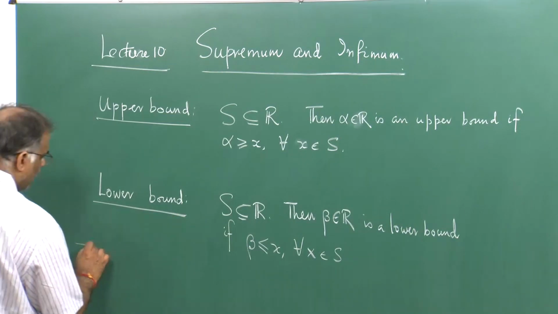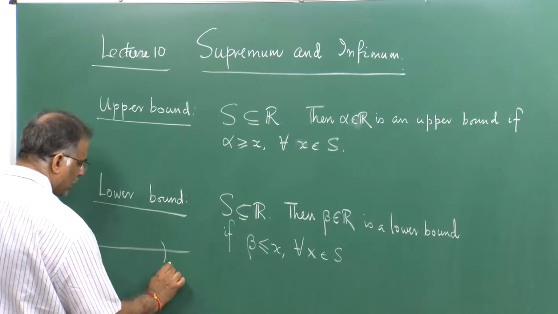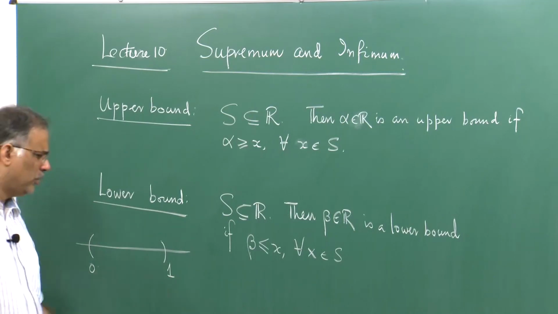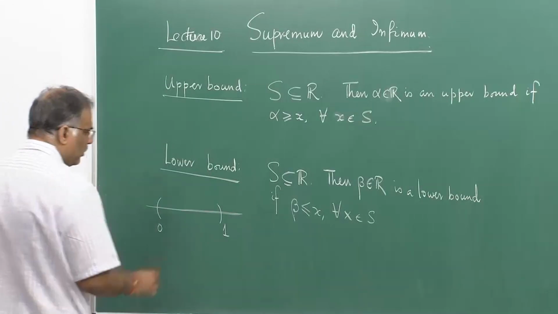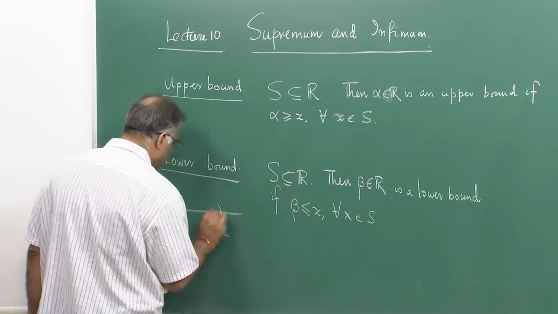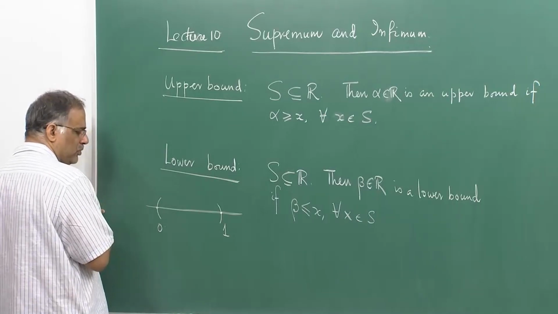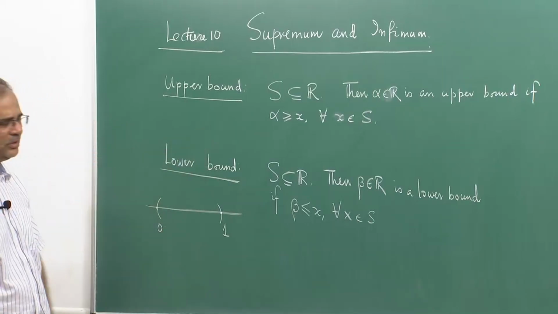For example, if you look at the open interval (0, 1), 2 is an upper bound, 1.5 is an upper bound. In fact, 1 is also an upper bound. In this case, minus 1 is a lower bound, minus 2 is a lower bound, minus half is a lower bound, and 0 is a lower bound by this definition.